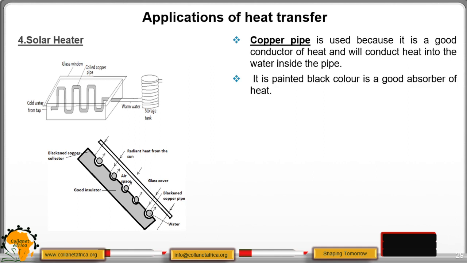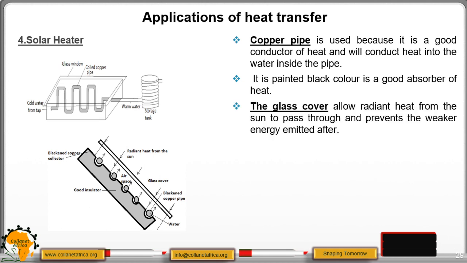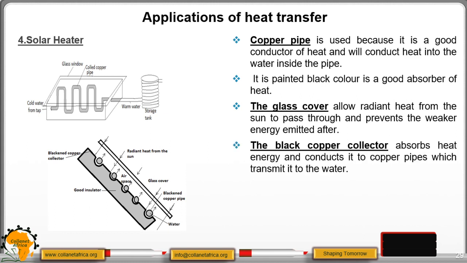Then it is painted black because black bodies are good absorbers of heat, and therefore it will absorb a lot of heat from the sun. As you can see, this part is covered with glass window, and this will allow the radiant heat from the sun to pass through, and also it prevents the heat that is produced inside from being emitted. Therefore, a high temperature is maintained inside.